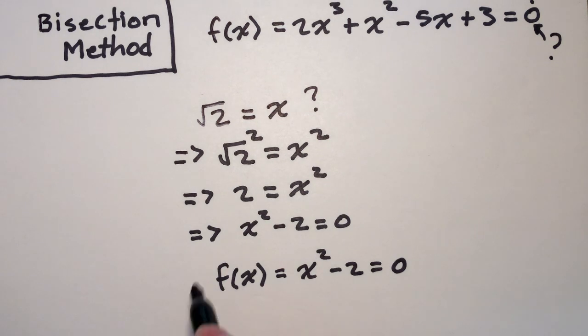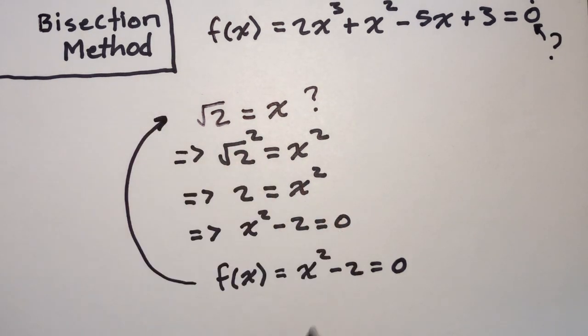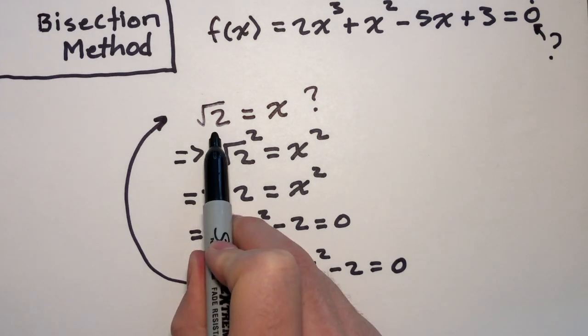And because this function is algebraically equivalent to this function, the x that sets this function to 0 will be the same x that is equal to the square root of 2.